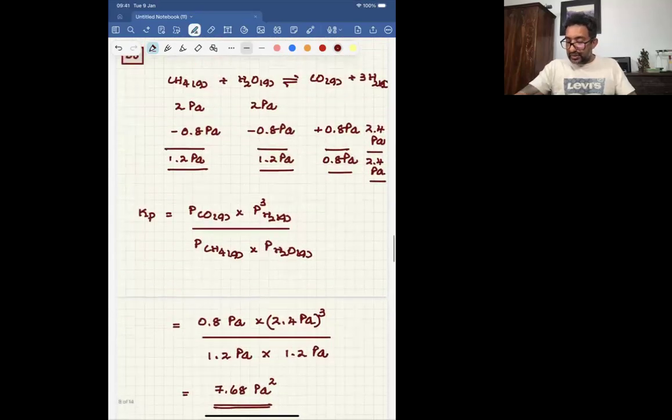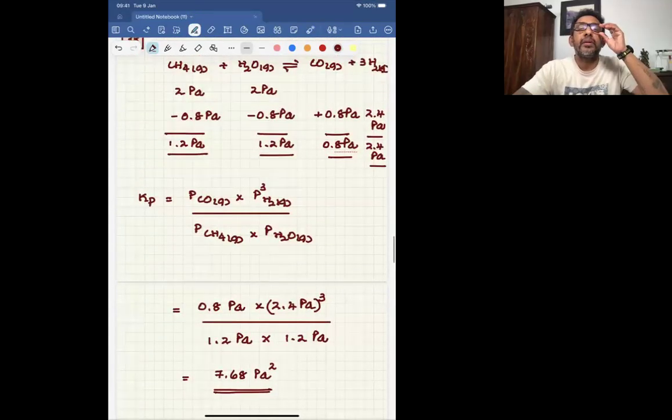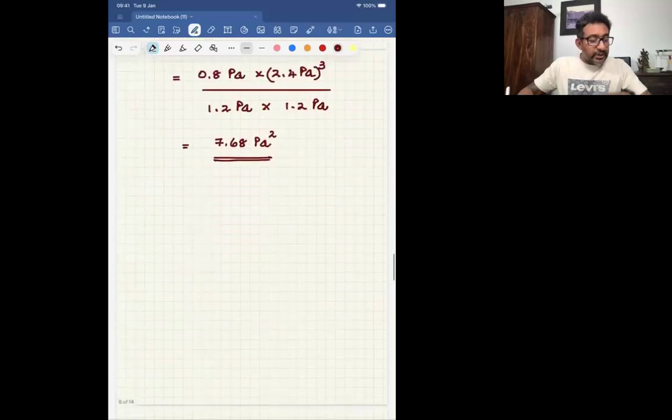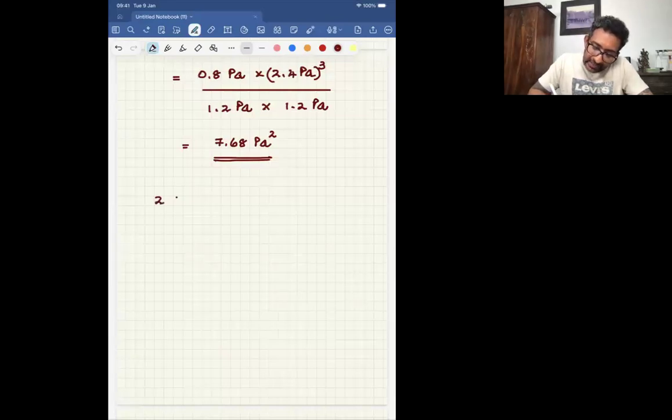I want to check whether you got the idea. How do you work with pressure? Can I know how did you get 0.8? It says 40% of methane is converted. So out of 2 pascals, 40%. 40 divided by 100. So this is 4 times 2, 8 divided by 10 is equal to 0.8. So that's how you get 0.8.